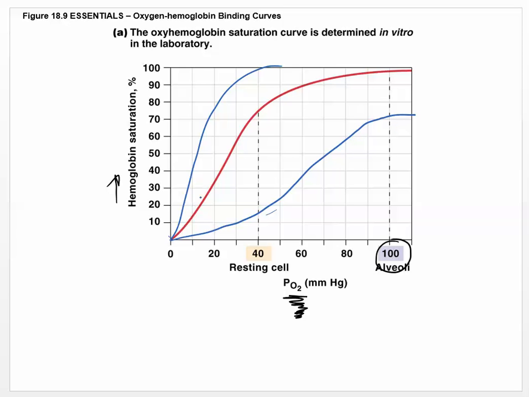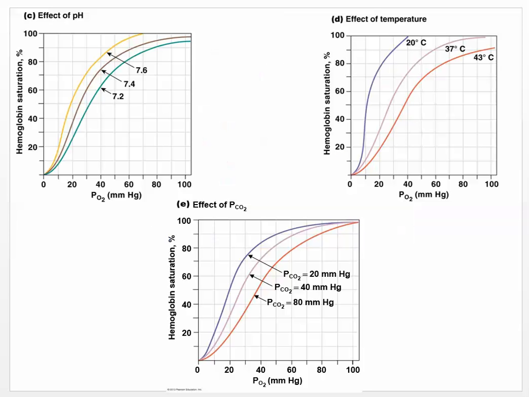So we have this nice middle line right here that says, yes, I am hemoglobin and I like oxygen, but it's a healthy relationship. Okay, I can let it go if I have to.